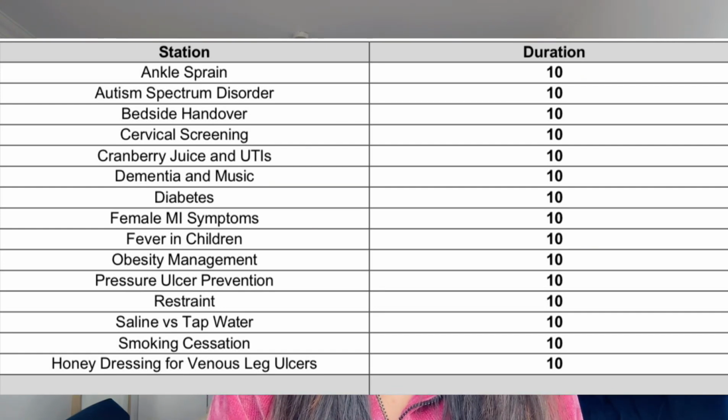So yeah, this is a 10-minute written station. Evidence-based practice, according to the NMC guidelines, you have to write at least 5 or 6 points in this station. Yeah, that's our last station, evidence-based practice.